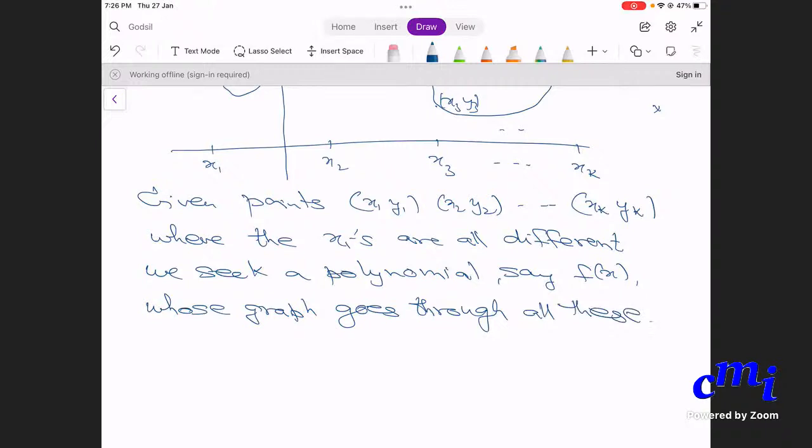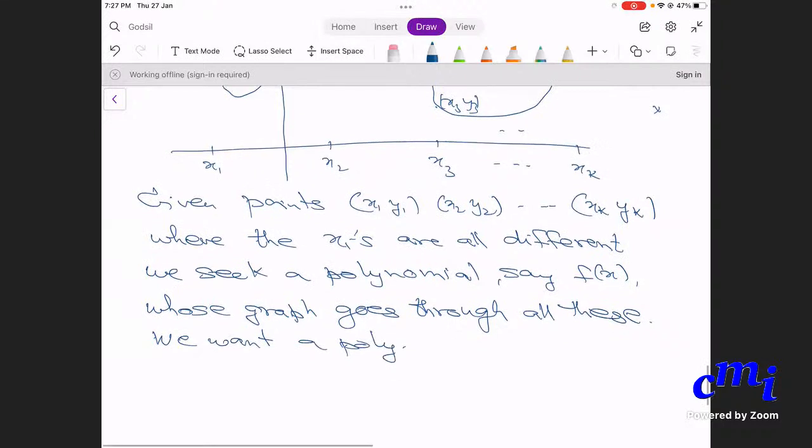So how do we find such a polynomial? And not only do we want a polynomial whose graph goes through all these points. In the previous case, we said we wanted the least integer n which satisfied those conditions. Similarly, we want a polynomial, in this case, of smallest degree, satisfying these conditions, going through these points.